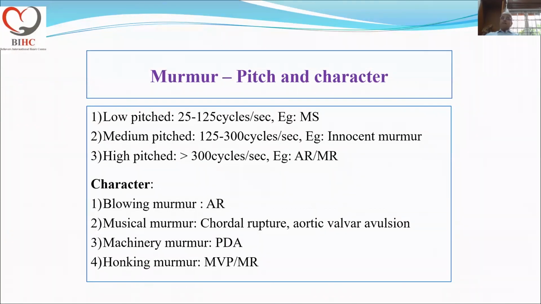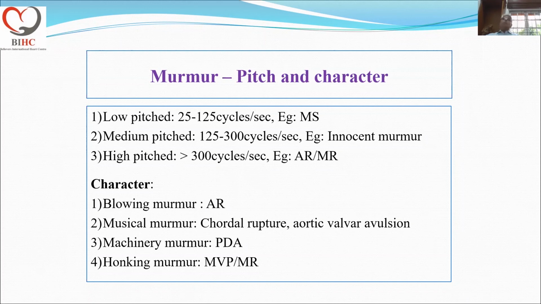You also describe not only the intensity of the murmur, but the pitch and the character of the murmur. In this context, remember that the normal low pitch sound is 25 to 125 cycles per second, a typical male sound. The medium pitch sound is 125 to 300 cycles per second, that of an innocent murmur. And the high pitch sound is more than 300 cycles per second, as in aortic regurgitation or mitral regurgitation.